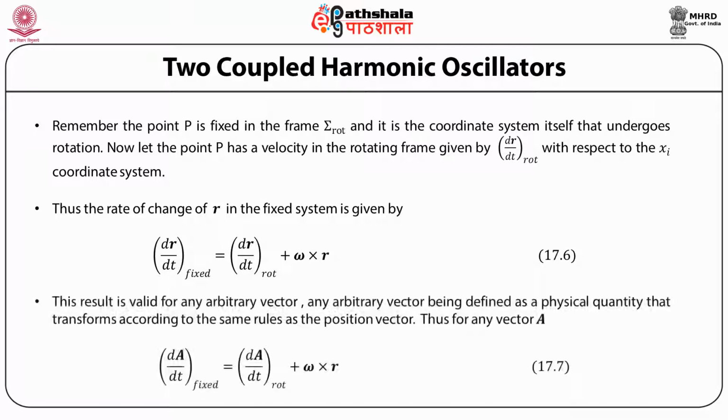Now, this result which we have obtained for the position vector r is in fact valid for any arbitrary vector. Any arbitrary vector being defined as a physical quantity that transforms according to the same rules as the position vector. Thus, for any vector A, the time derivative of A with respect to the fixed frame is equal to dA by dt, the time derivative of A with respect to the rotating frame, plus omega cross A.